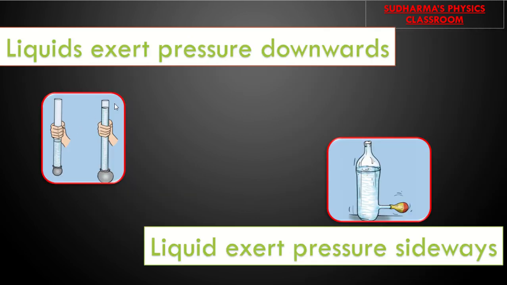So now let's take a tube, maybe a plastic bottle. Today's discussion has a lot of experiments with a plastic bottle. You can try this at home and enjoy understanding liquid pressure. So you take a tube open on both ends, and on one of the ends you tie a balloon.